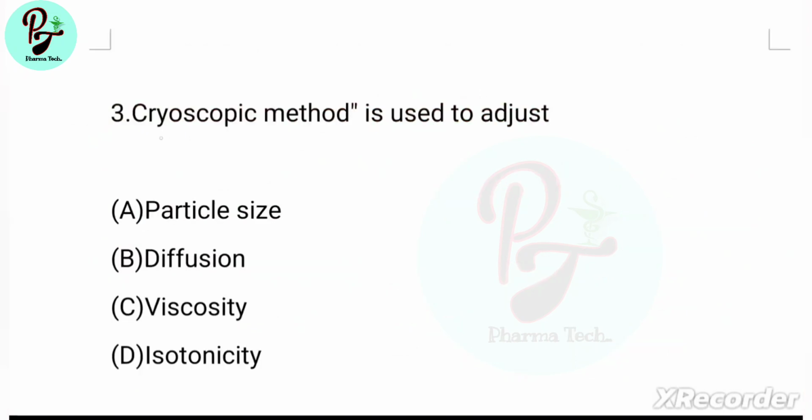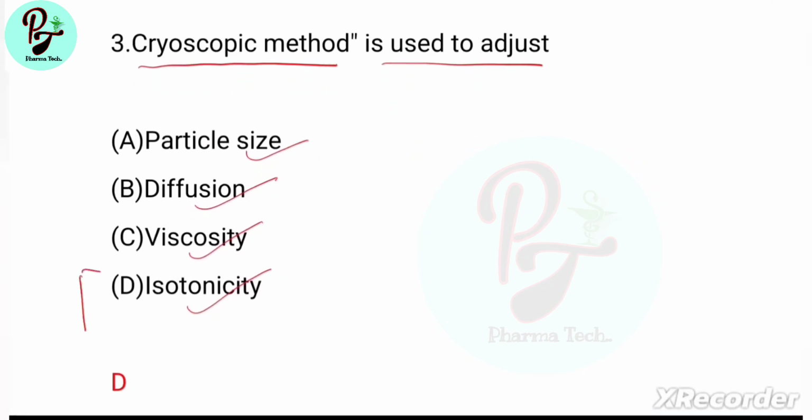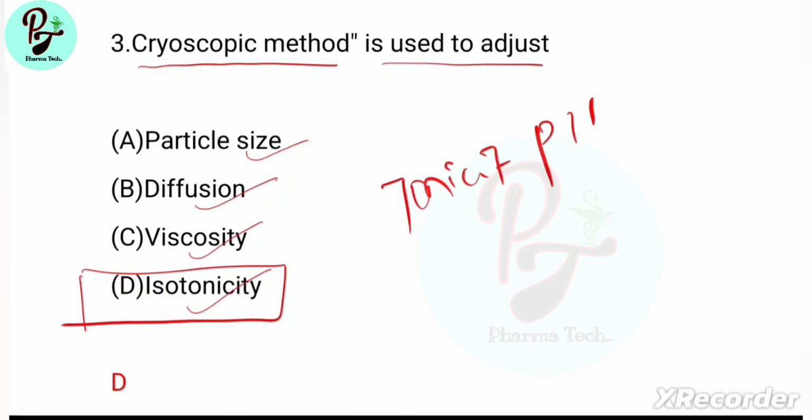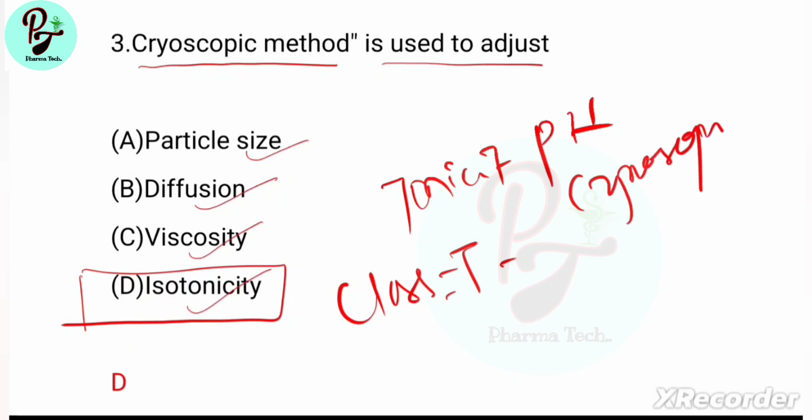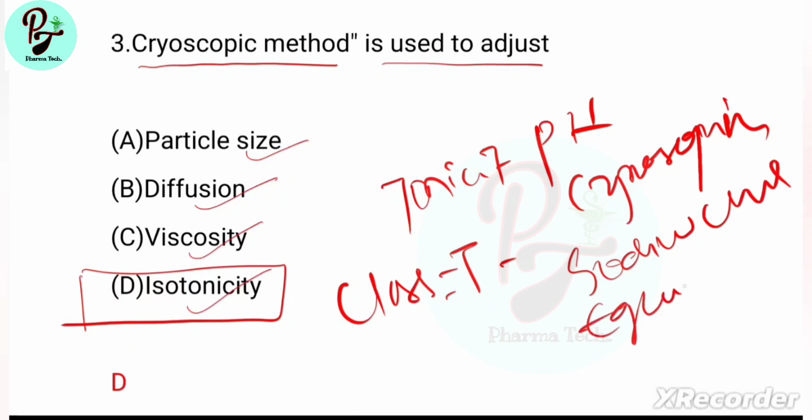Next question: cryoscopic method is used to adjust. Options are particle size, diffusion, viscosity, isotonicity. Answer is D, isotonicity. For adjusting tonicity, first is the class 1 method. Class 1 methods include the cryoscopic method and the sodium chloride equivalent method.